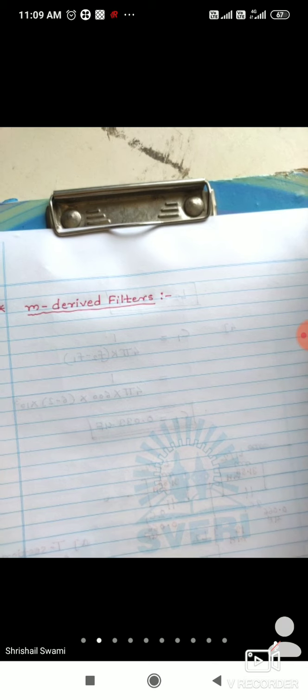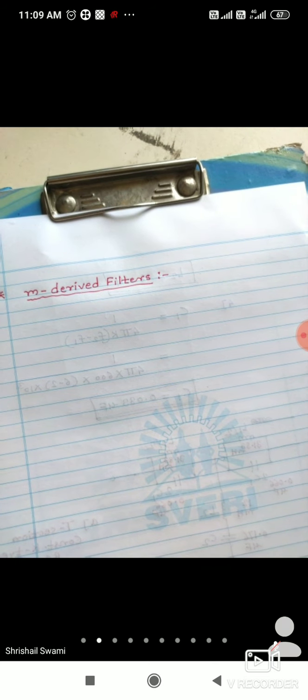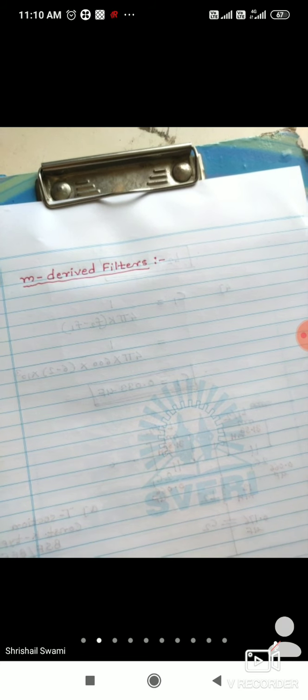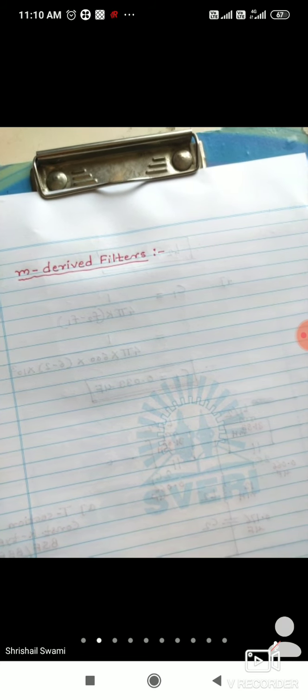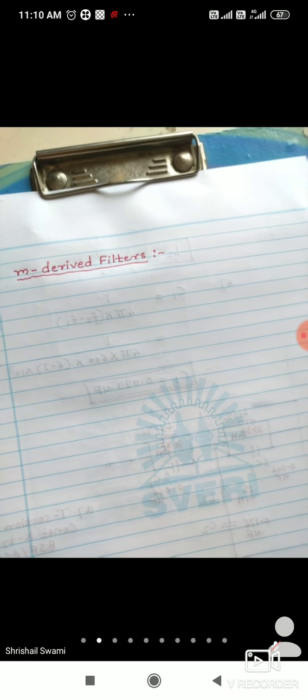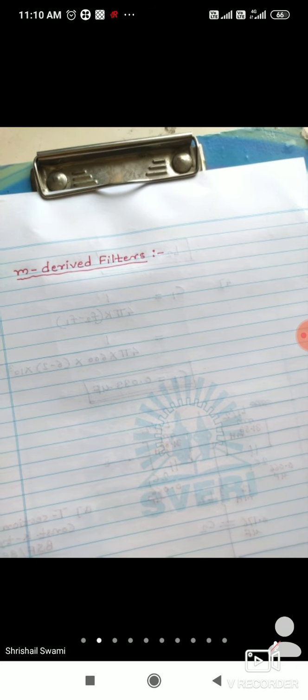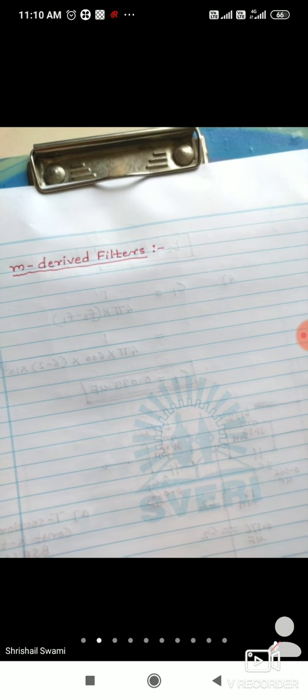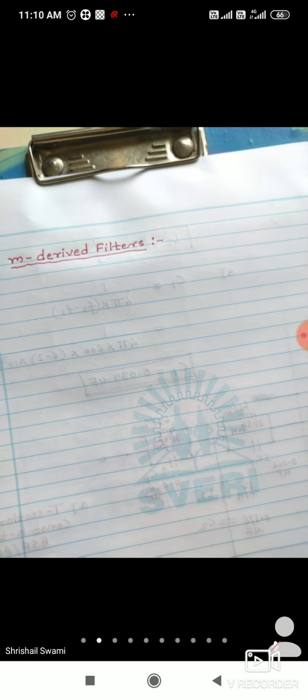First of all, what do you mean by M derived filters? That we can understand: what will be the modification in the low pass filter, or first of all we can take the general, that is what will be the modification in T network and pi network, and then we will see what are the advantages of M derived filter over the constant K type. So this will be the theoretical part, and after that there will be the two filters we are going to learn.